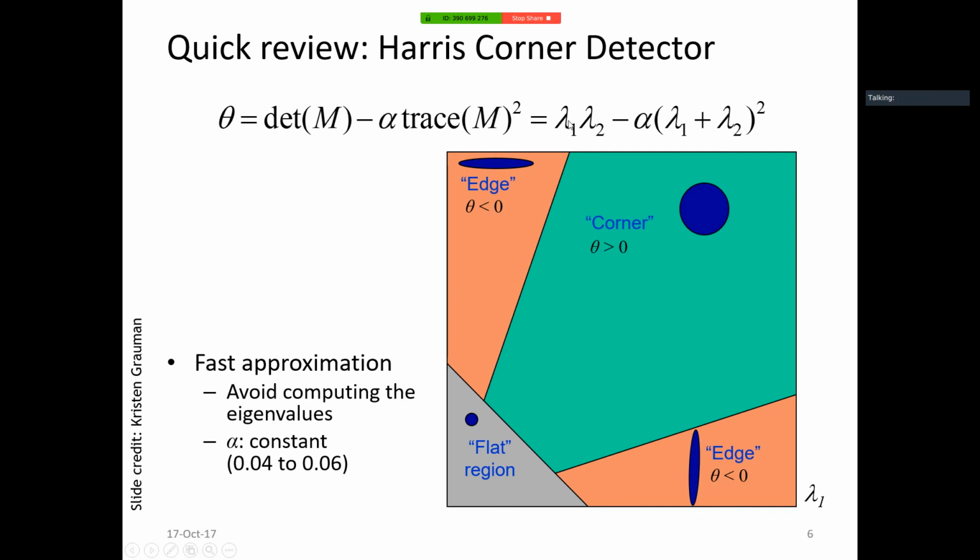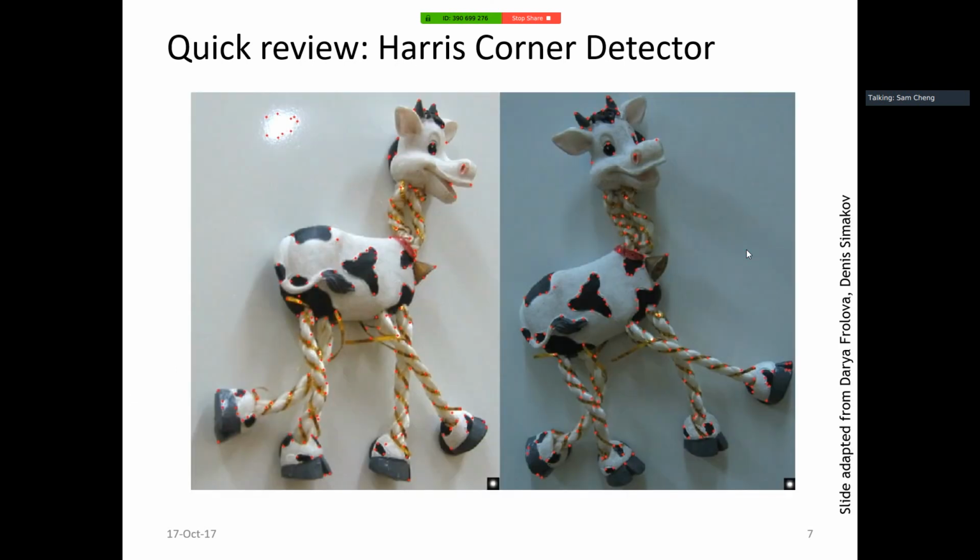I guess it does not have a graph here for this function, but more or less if this value is big, then it will lie in this region here. That's about it for corner.